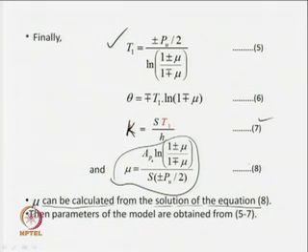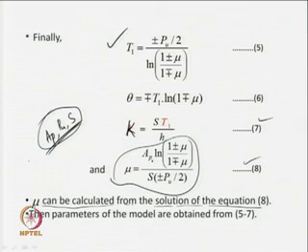We have one nonlinear equation where there is only one unknown, and since AP, pu and S are measured or obtained from the sustained oscillatory output of the relay feedback test, mu can be estimated using equation 8.